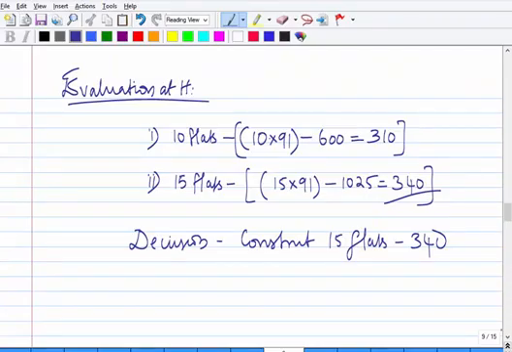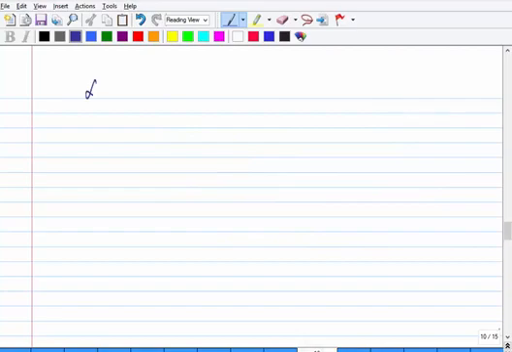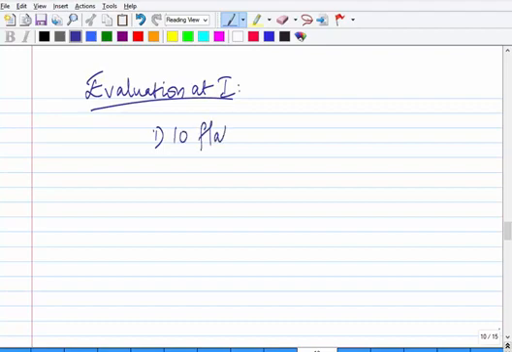We'll do evaluation at I, and again I is also a decision node. Okay, it means we have a choice. The choice is with respect to 10 flats and 15 flats when the market is not doing well. So one is with respect to 10 flats. So what is going to happen here? 10 flats, the market is not doing well, the price is going to be 75 and the initial investment is 600.